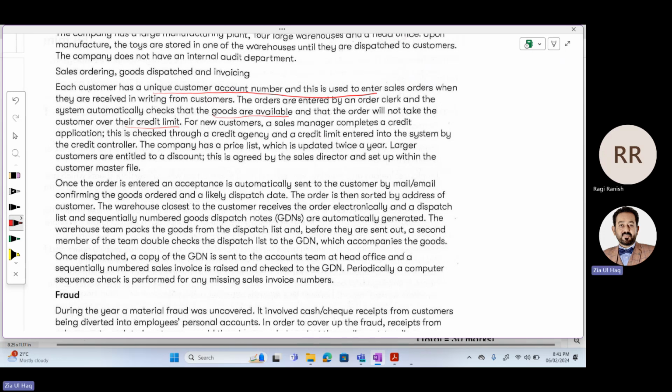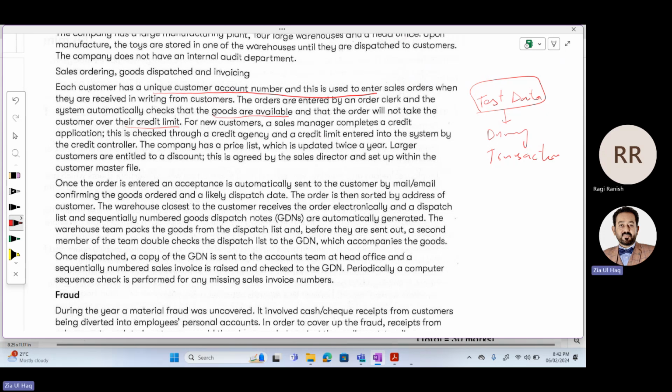There is a procedure called test data to verify the test of control. What is test data? It's a procedure through which we enter some dummy transactions into the system, and through the results of our dummy transactions, we will be able to ensure whether the control is working properly or not.